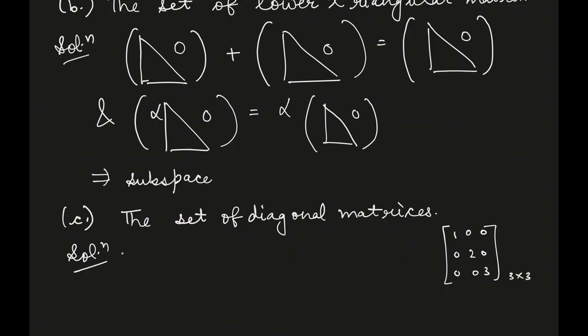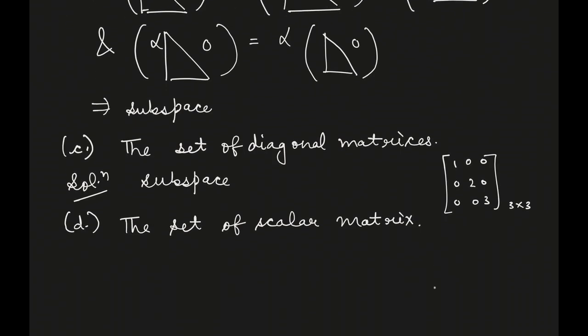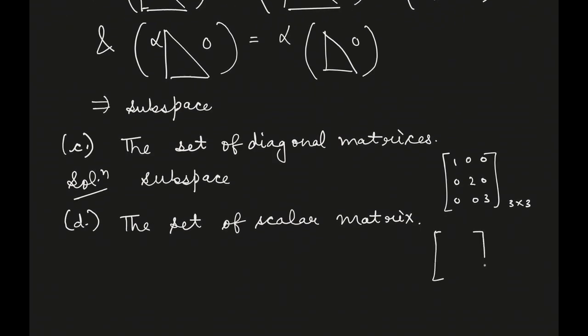This is a subspace. The set of scalar matrices. What is a scalar matrix? It is a diagonal matrix which has all main diagonal entries the same. So it is also a subspace.